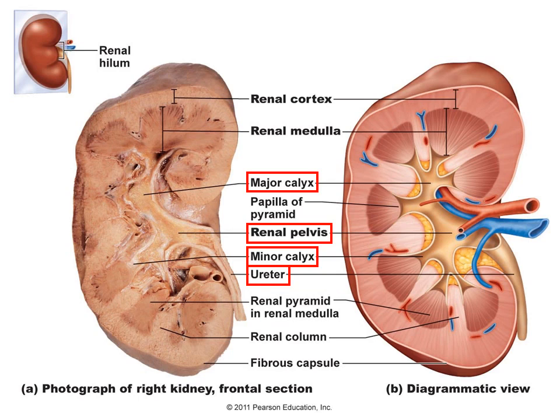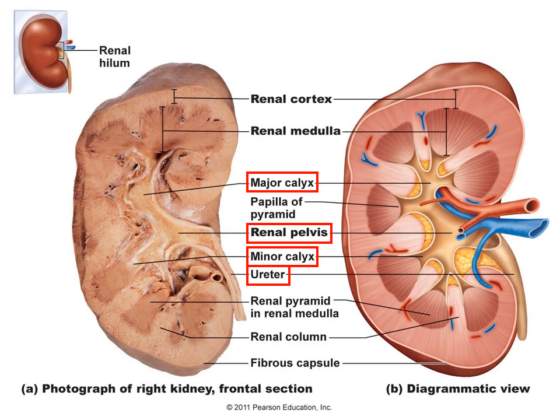As the waste products, which is going to be the urine, are being produced, it's going to flow out of the pyramid areas into initially what is called the minor calyx. This is basically the spaces between the columns. And then from there it flows into another open area called the major calyx, and finally into the renal pelvis.